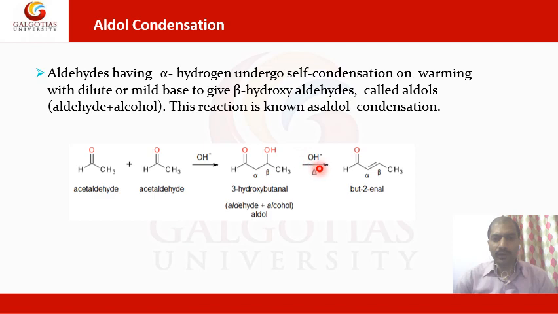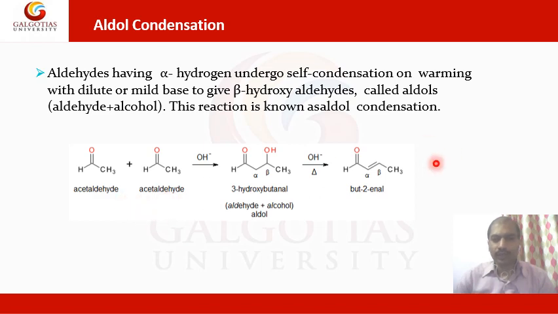Once you heat it in the presence of OH negative ions, or a mild base, it gives you but-2-enal. It is the IUPAC name, according to that you can mention the name.